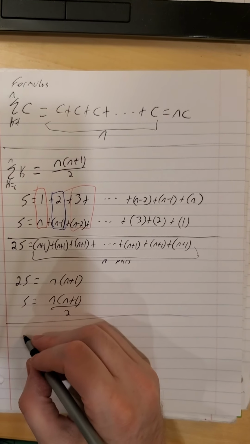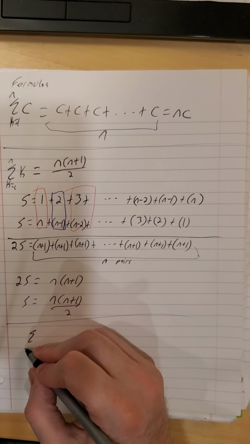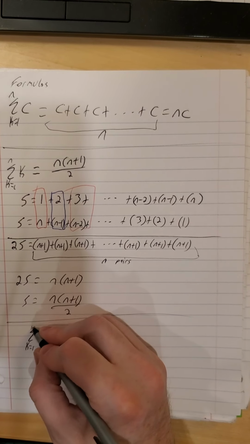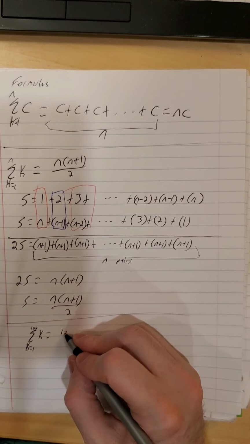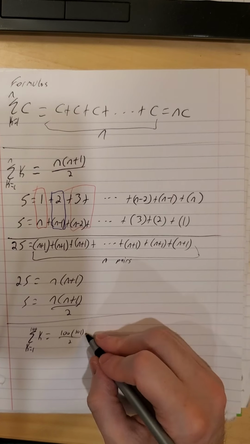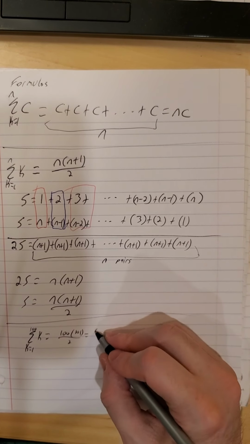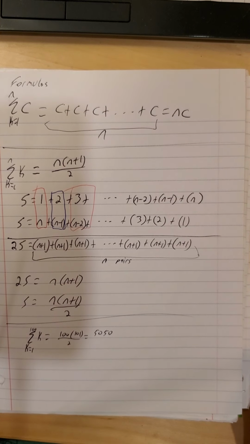So if we do the famous Gauss example, then the sum from k equals 1 to 100 of k will be 100 times 101 over 2. So 50 times 101, 5050.